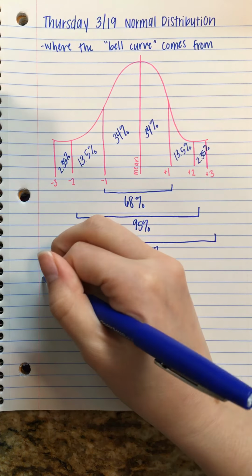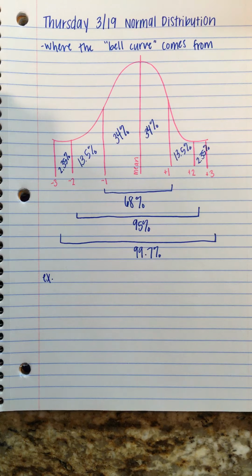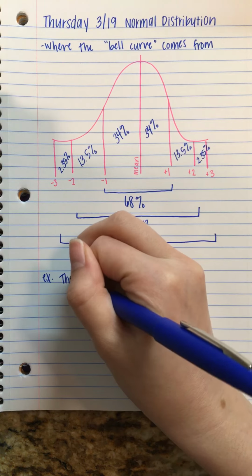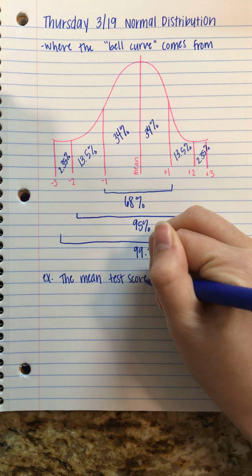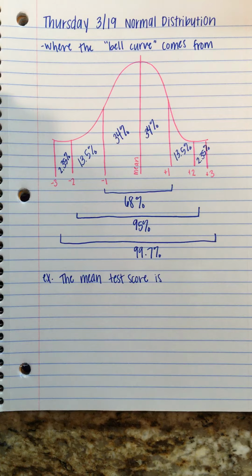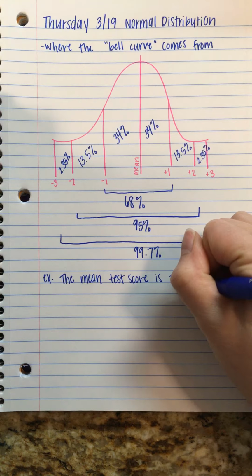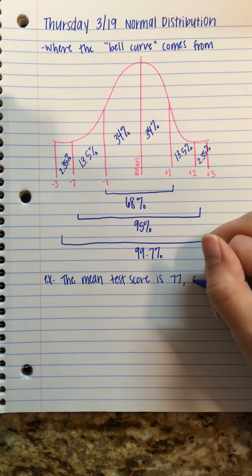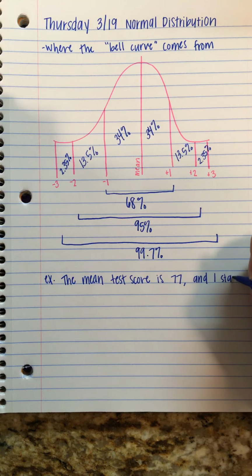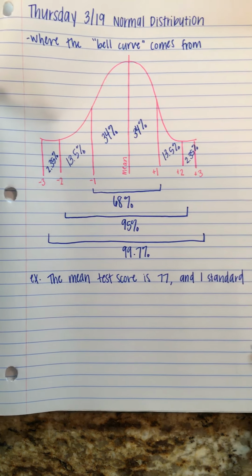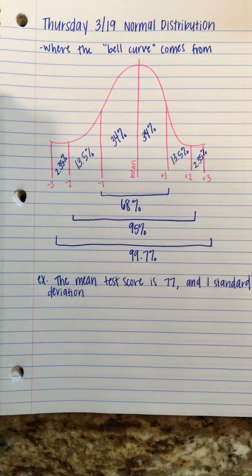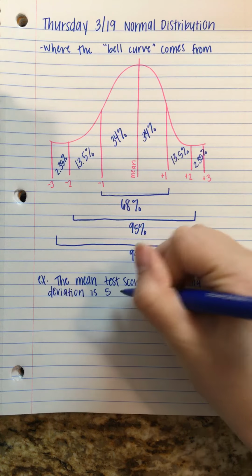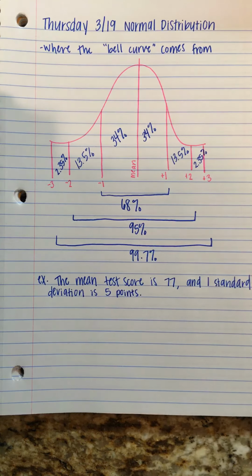All right, so for example, let's say the mean test score is, we'll make it a good mean, how about 77? One standard deviation is 5 points.